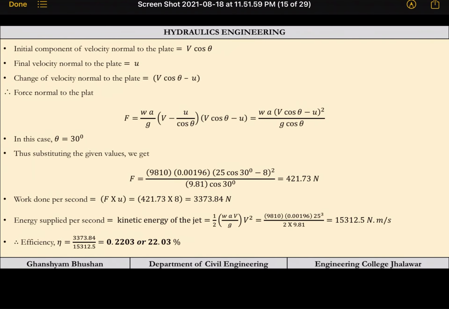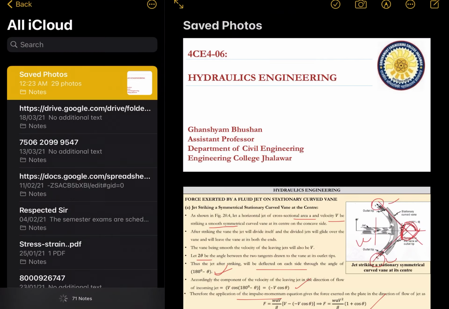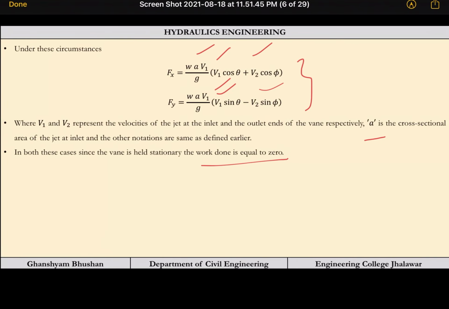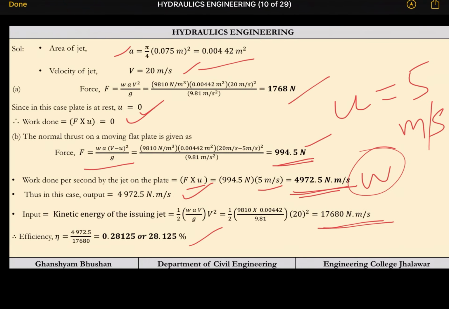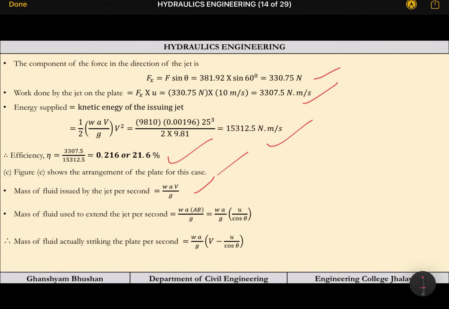This is a very easy case of geometry. So AB is U by cos theta, because we are checking for per unit second. So that is why velocity is taken into consideration. So this is the case. So AB is U by cos theta.